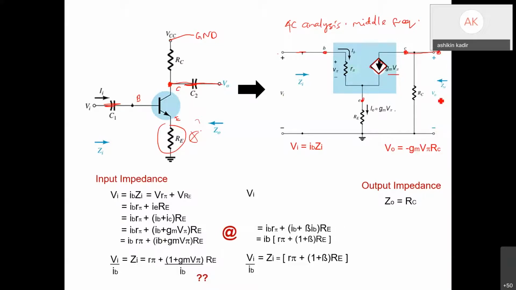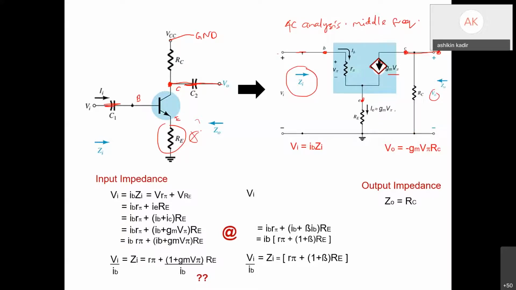You label Vout, and then you have RC connected from C to ground. Then you must label Zi and Zout. Zi is pointing to the base, where you have r pi and RE.